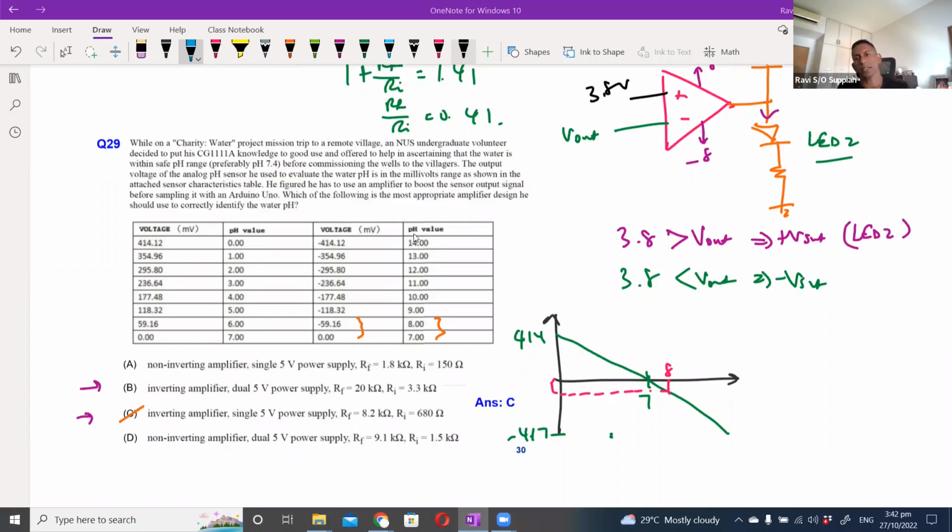Again, it depends on the scenario and whatever other information is given in the question. But for A to D conversion, definitely you will want to convert it, because your A to D converter will want positive values. So you want to make sure that the signal that you are going to convert is in the positive range.